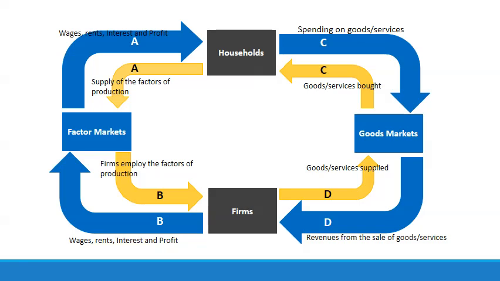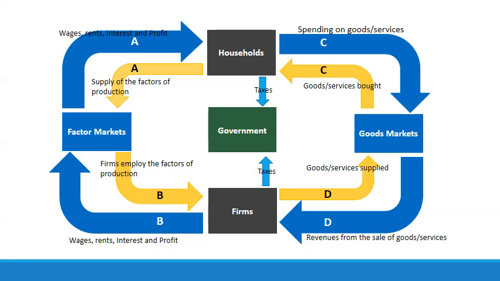Now, of course, we have a third factor involved here, and that's the government. What role is the government going to play? One of the things about the circular flow model, when we talk about the government, is that a lot of economic theories have been developed on the basis of exactly what the government is doing within the circular flow model. So we know one thing: everyone is paying taxes in different forms and amounts to the government.